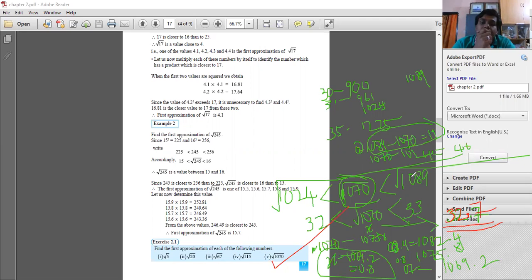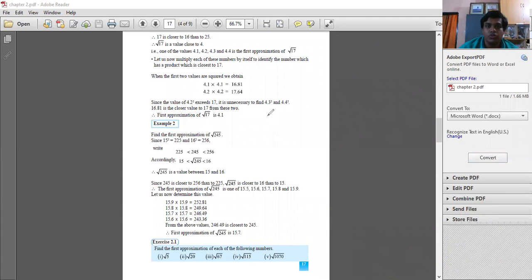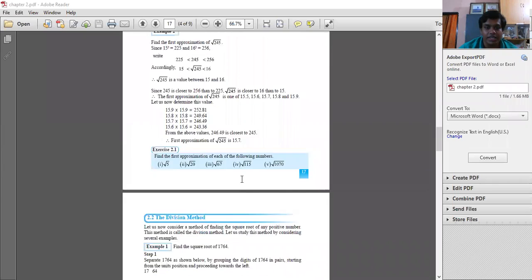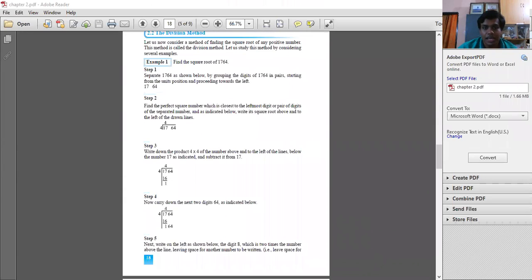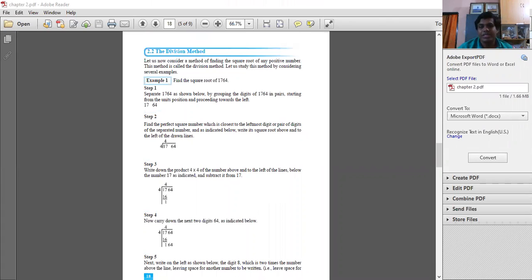Hope you guys understood it. 32.7 will be the square root of 1070. Okay, now we will move on to the next one, the division method. I will explain with these slides because my presentation has them, but it's the same thing. I haven't told anything new, so I will explain straight away.